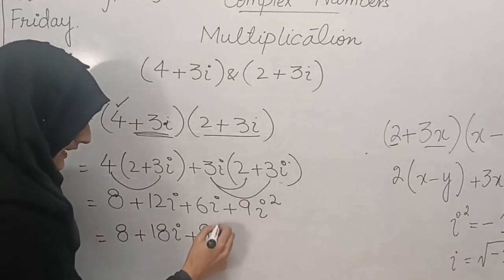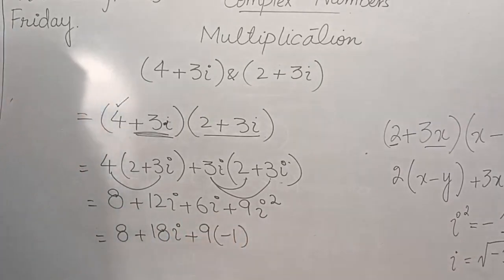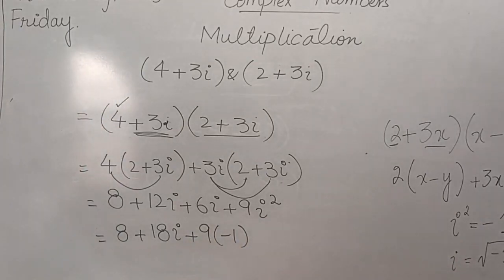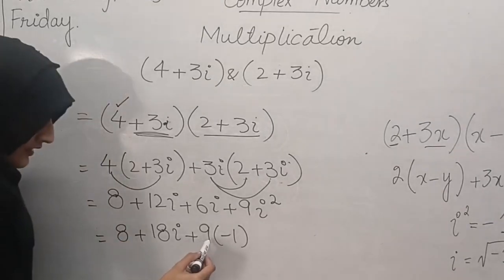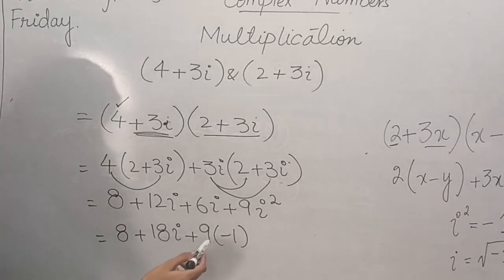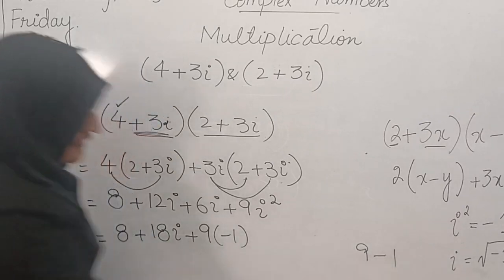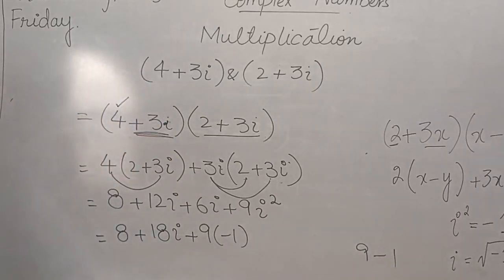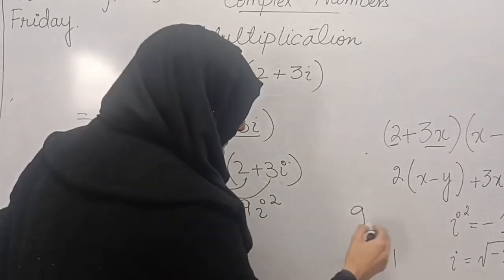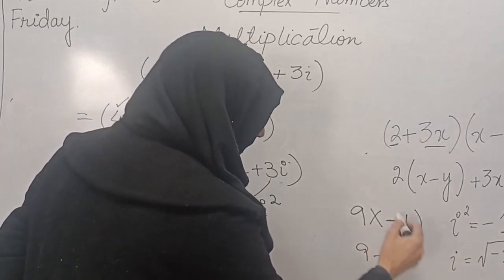We will put the value of iota square, which is minus 1. Okay? This is minus 1. But keep it in your mind that we are not subtracting the 9. This is not 9 minus 1. This is not like this. This 9 is multiplying with minus 1.